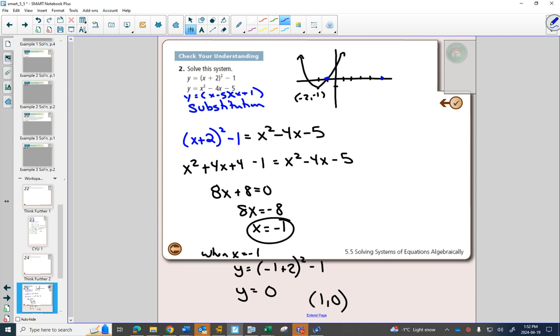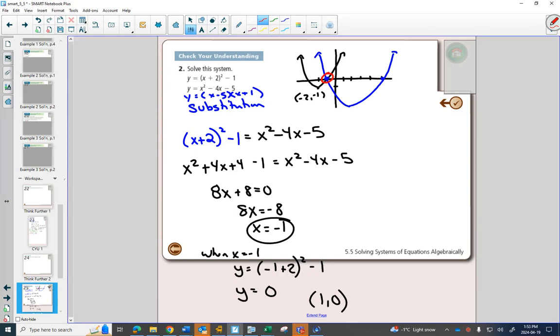And if I know that, and I know that it opens up, vertex would have to be right in the middle, somewhere down here probably. And it looks like this. Now my graphing technique told me the same answer, -1, 0.